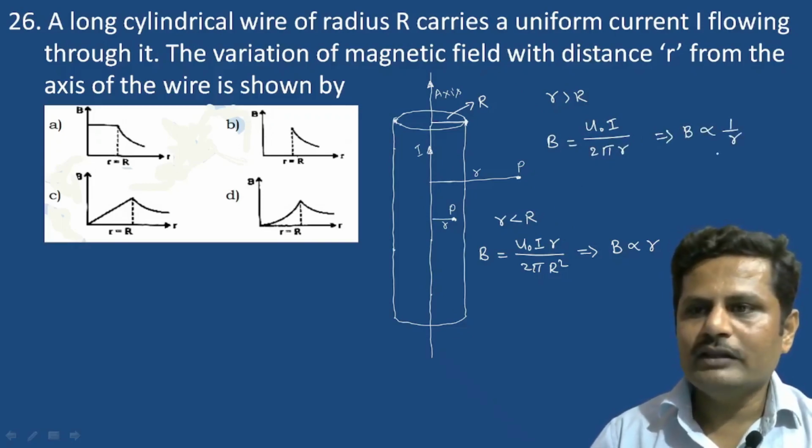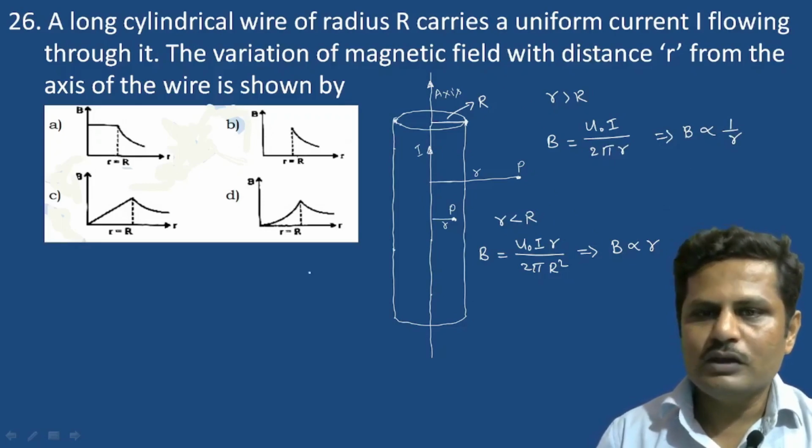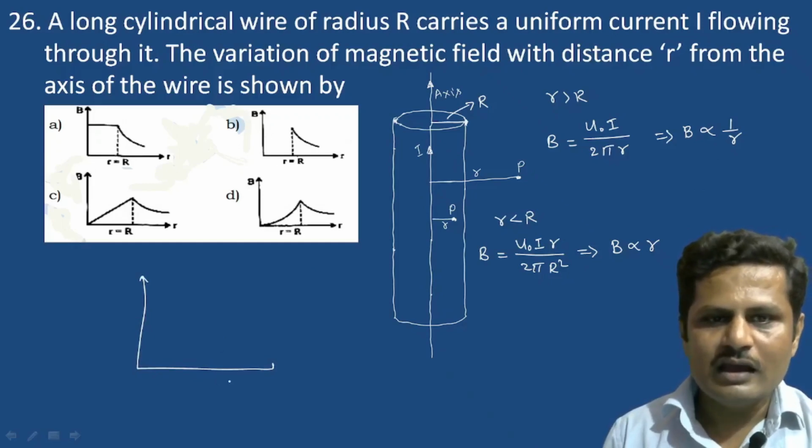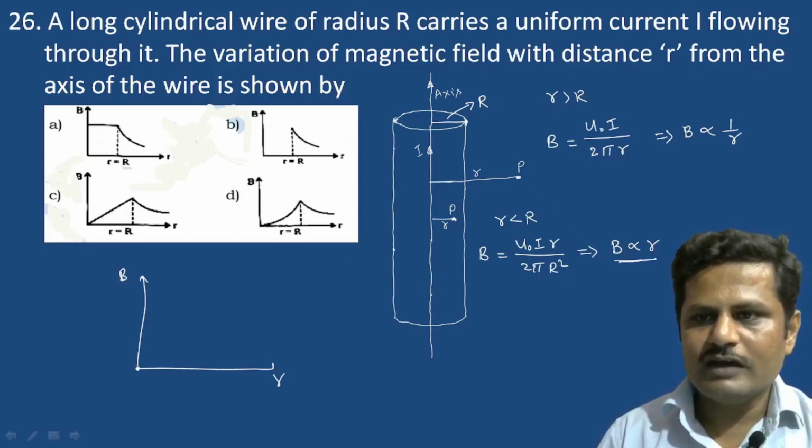Now by these two descriptions we can say that inside the conductor, as we go on increasing the distance of the point of consideration, B is directly proportional to r.